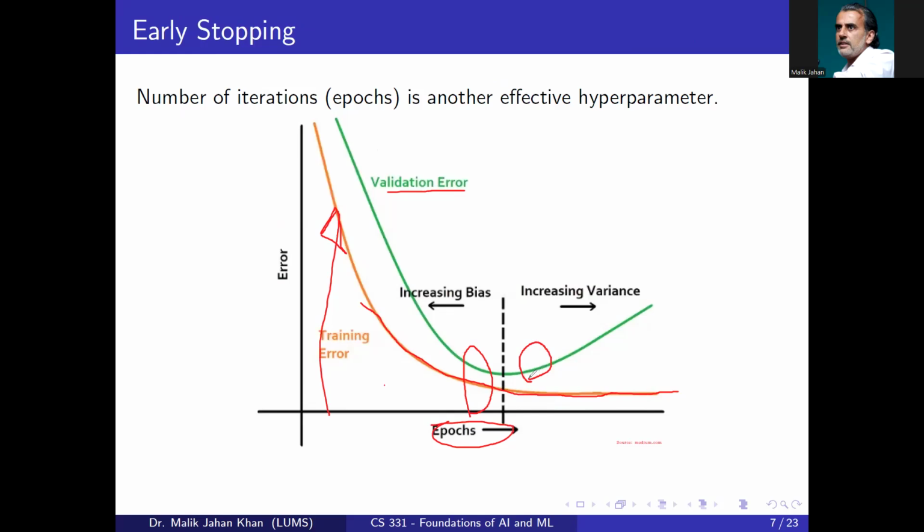So validation error is being computed on S dev. And keep in mind that S dev is unseen. It's unseen for the model because the model has been trained on S train. And S dev is being used to validate the model. So as the error starts increasing over here, that means the model is going for something which in our previous class we called memorization.